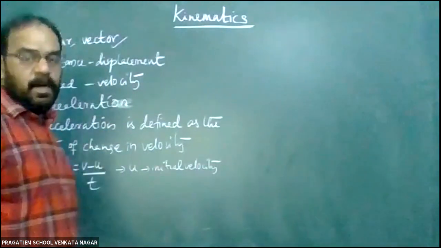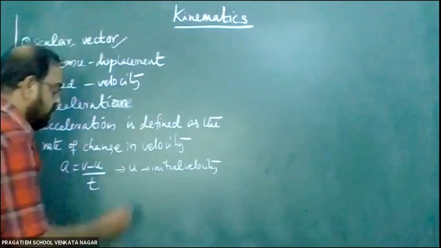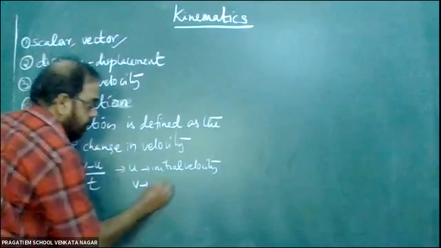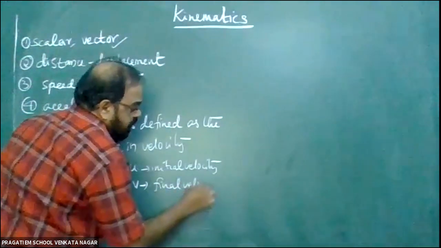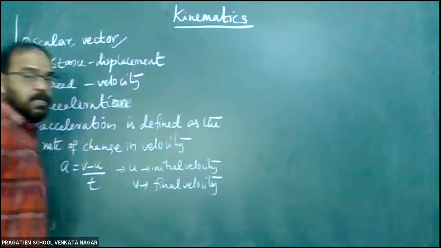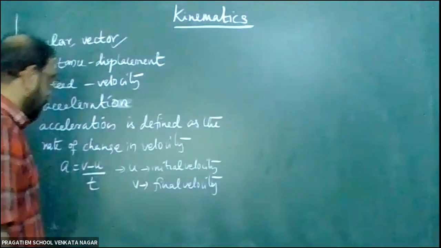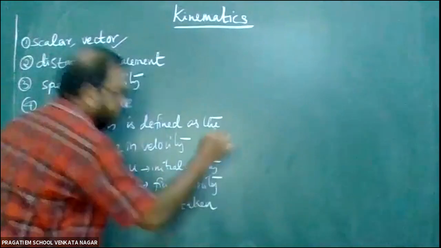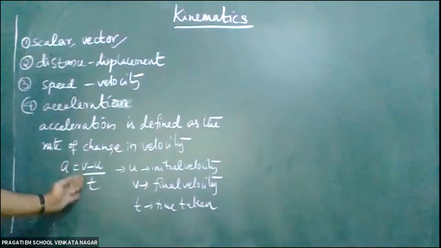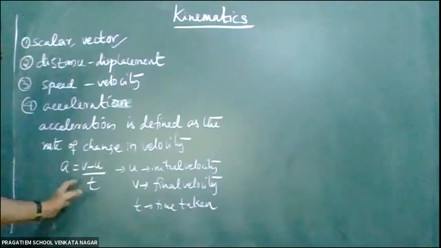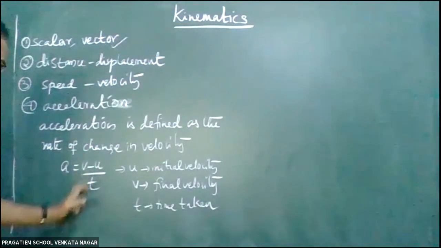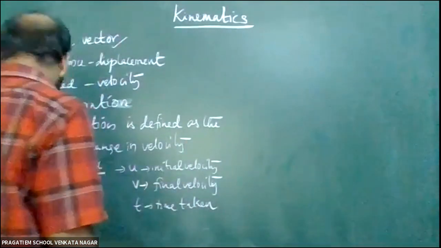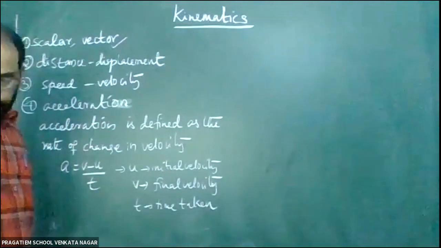When we observe the body, the velocity at that time is called initial velocity or starting velocity, and v is our final velocity, or the velocity up to which we consider, and t is the time taken. Acceleration is equal to change in velocity, v minus u by t. So always you should specify what these letters are. And t is the time taken.